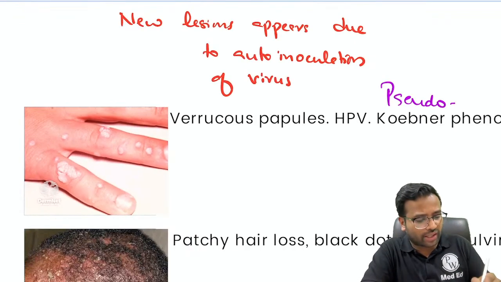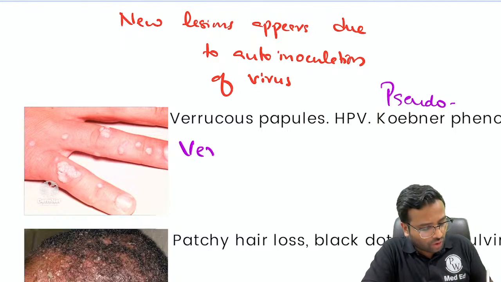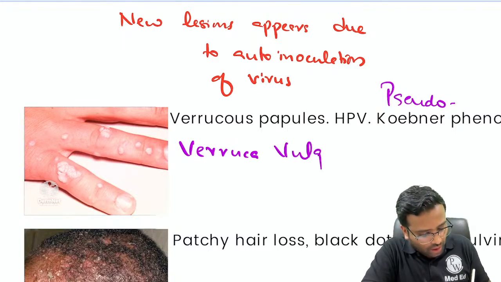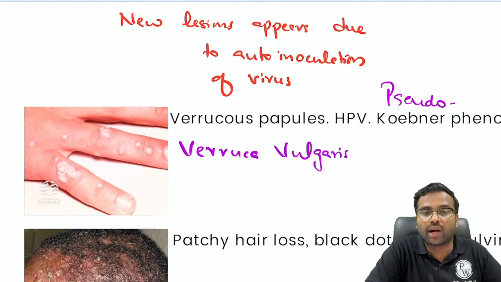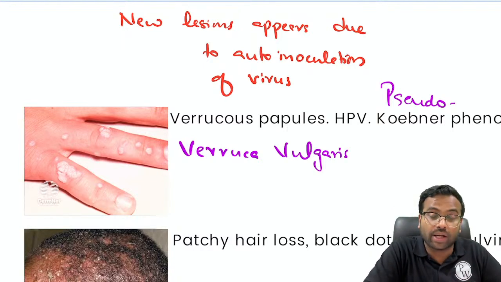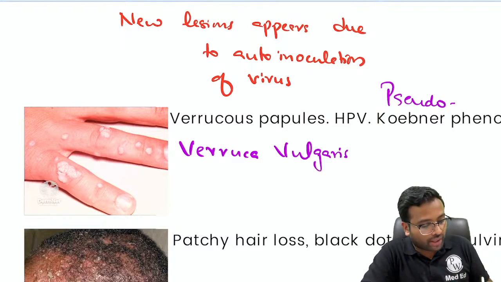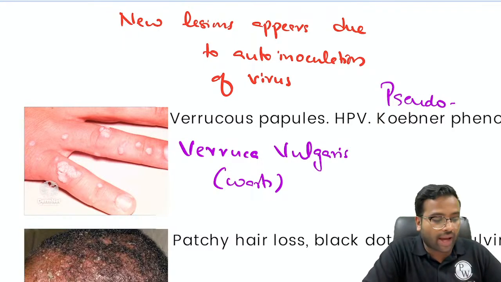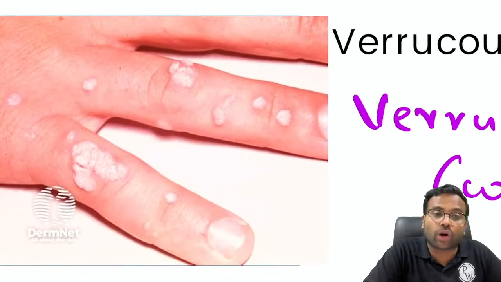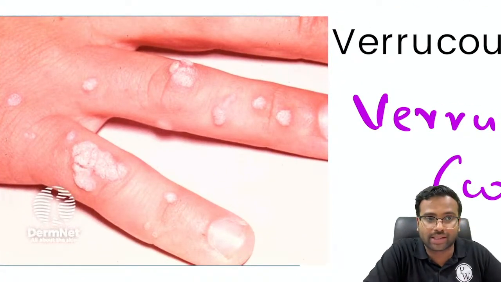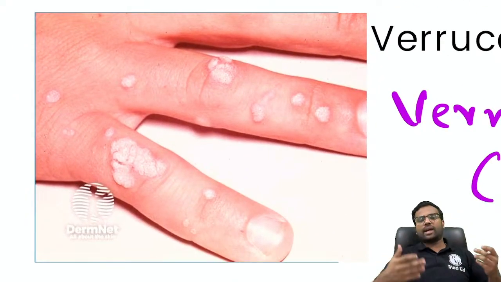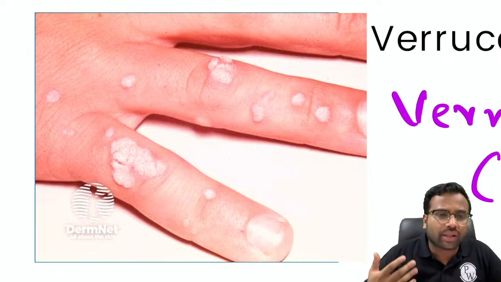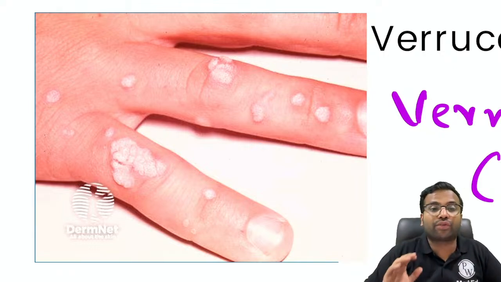So this one is called verruca vulgaris. What do you mean by vulgaris? Vulgaris means the most common. This is the most common type of warts which you can find in our body, and these warts are caused due to human papilloma virus. Why do we say it is verruca vulgaris? Because these warts have a rough surface.